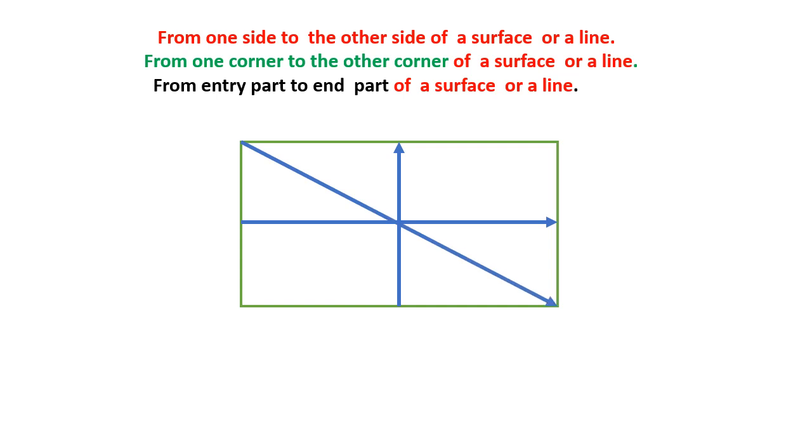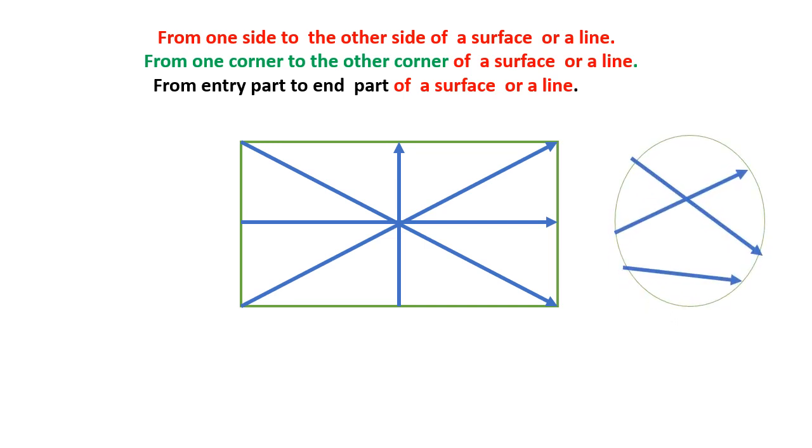In the same way, when we move from one corner to other corner of a surface, then also we make use of across. Here also there is a movement from one corner to other corner. So here we can make use of across for the surface.